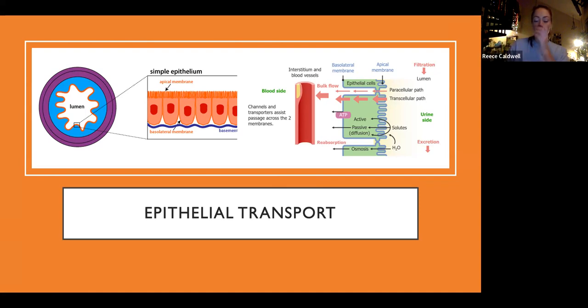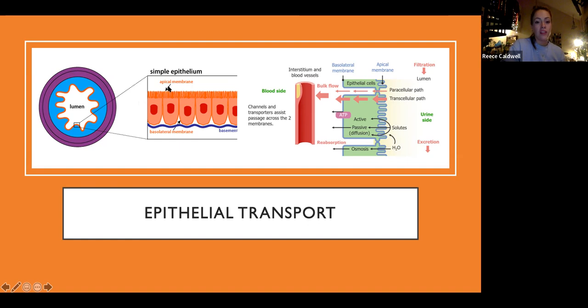So just to give you a review on what we're talking about when we're talking about epithelial cells or the epithelium, remember that the epithelial cells line organs. So they line the inside of organs. So we have the lumen of some type of organ, such as the kidney or the small intestine, and lining that is our epithelial cells.